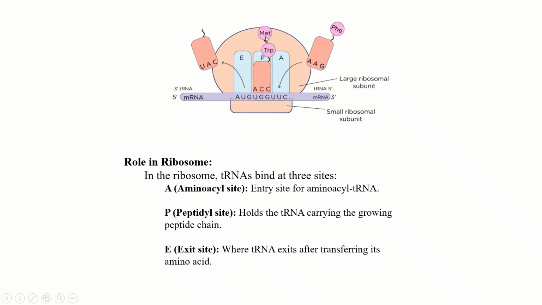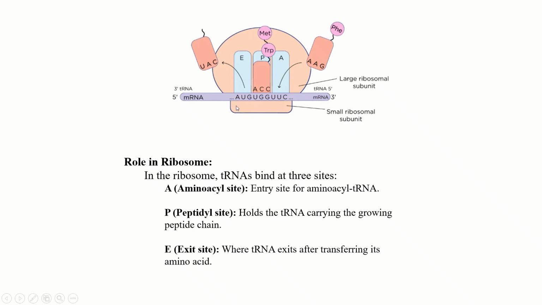After the addition of the amino acid to the polypeptide chain, the tRNA moves to the exit site. The tRNA that lacks an amino acid is released into the environment, and now the E site is empty. Hence, it is called the exit site.